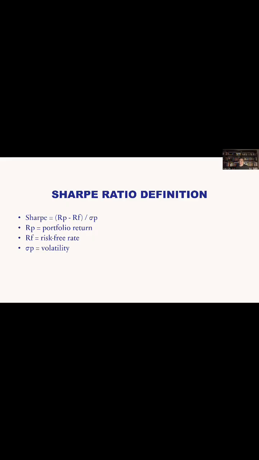It could be the risk-free rate for 3 months, it could be for a year, and that risk-free rate is really our interest rates that are dictated by the bonds and the notes and the T-bills that are put out by our government. And at the bottom, you divide that by the variability, the volatility of that portfolio. And to calculate that volatility, you use the standard deviation of the portfolio.